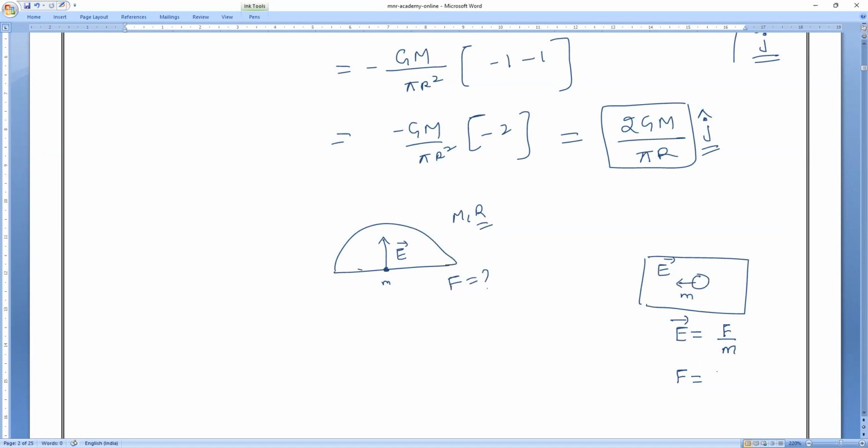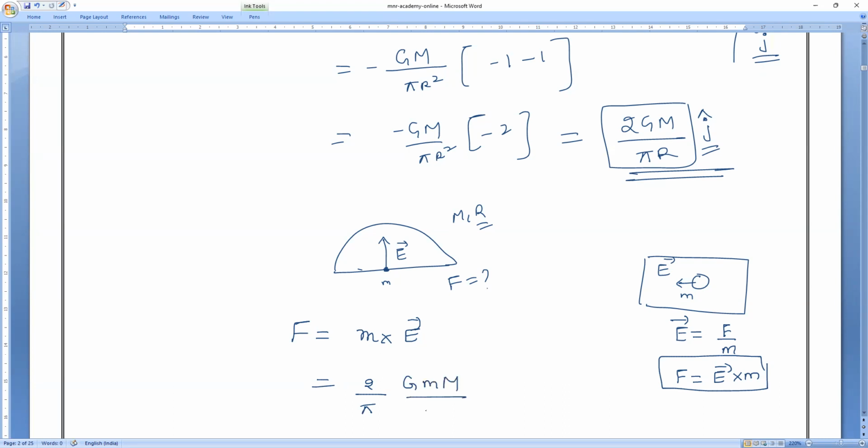So from that, F equals what, guys? Gravitational field into mass. That's all. So F equals mass into gravitational field. Just now we have calculated the gravitational field. What is the gravitational field value? 2 pi. Next, I will write G small m into capital M divided by R, not R, R square.